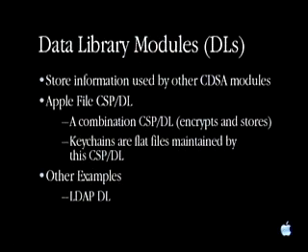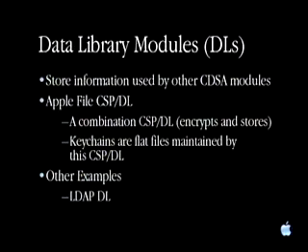Data library modules are basically the storage module for CDSA, and they store things that other modules might need. The keychain is basically the Apple file CSP DL, so it's a combination cryptographic service provider and data library module, and that way when we write the keys out to the file, we can do the encryption at the same time.